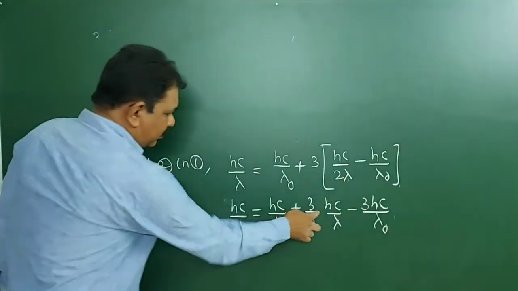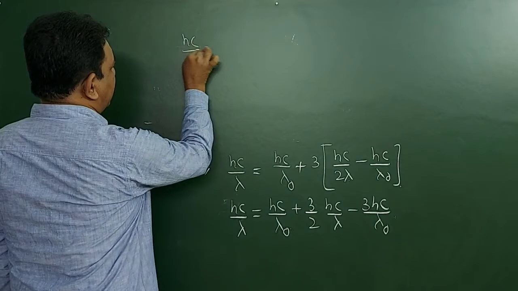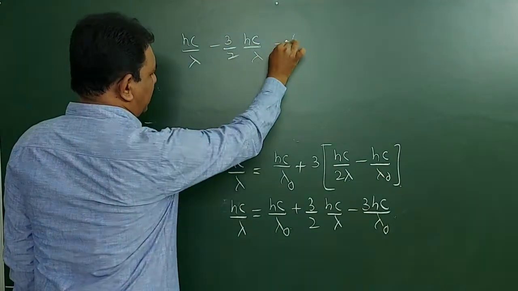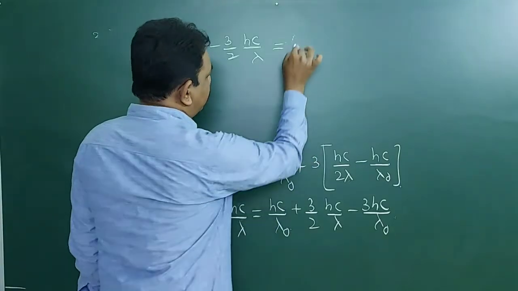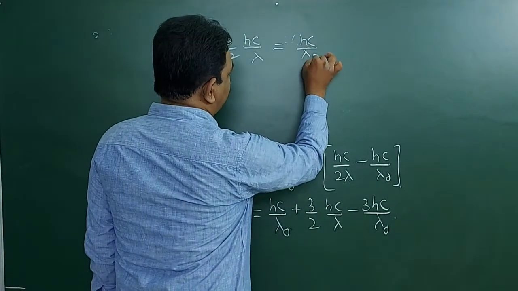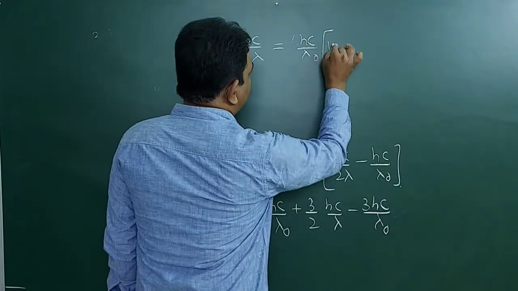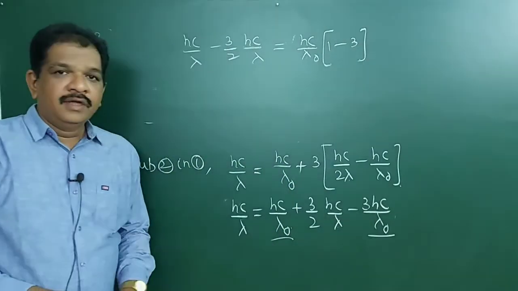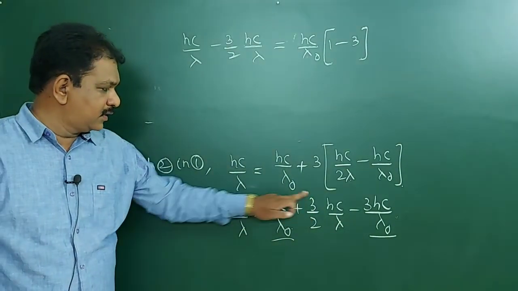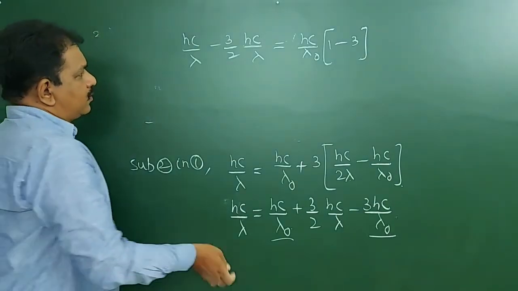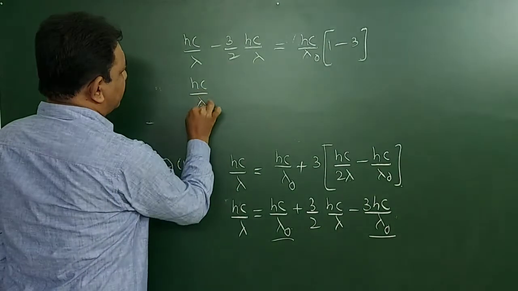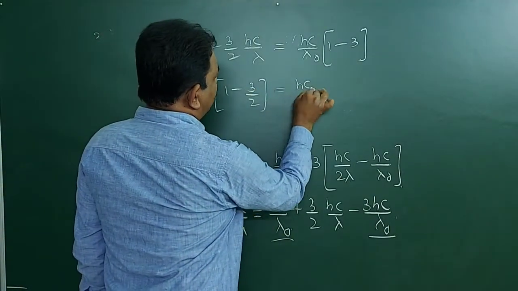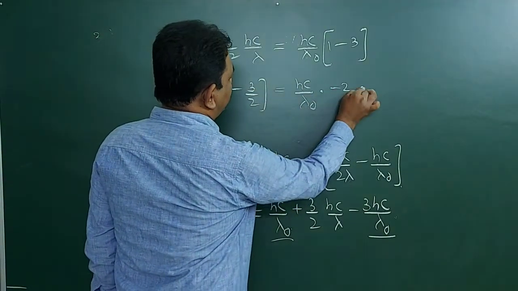Bring this to this side: hc by lambda minus 3 by 2 hc by lambda. Here I am taking hc by lambda common, and on the other side hc by lambda naught common. So hc by lambda into (1 minus 3 by 2) equals hc by lambda naught into minus 2.